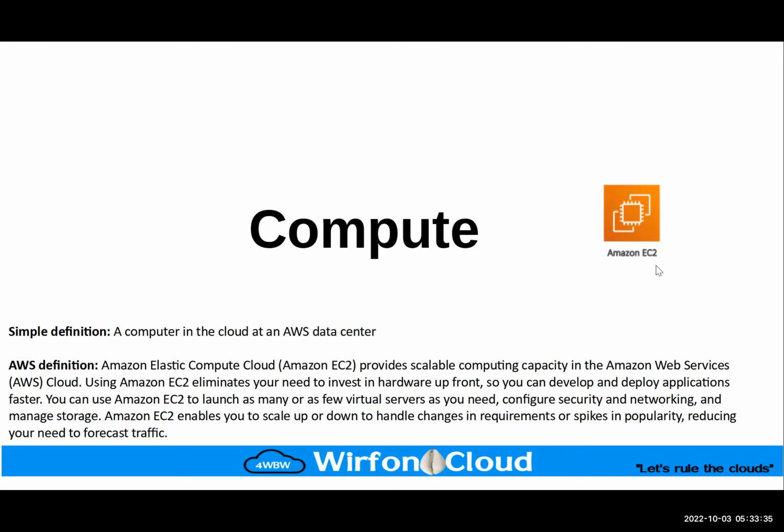If you think of it in basic terms, it's just like a desktop computer that you have, but it's placed in the cloud at an AWS data center, or if you are with Azure or Google, it will be placed in their own data center. Of course, they might not call it Amazon EC2. It might have a different name there.